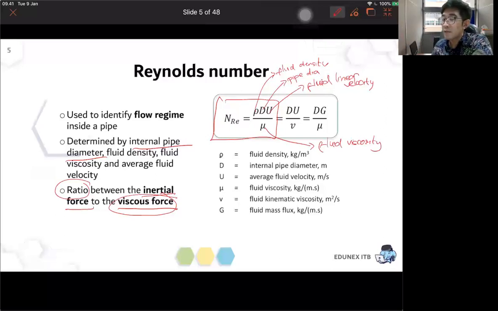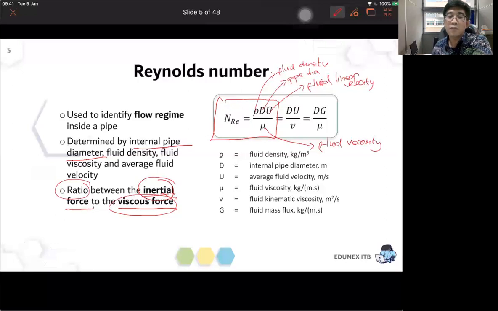The inertial force will increase when the velocity of the fluid is increased. Ya, semakin cepat kecepatan fluida, maka gaya inersianya akan semakin besar. Atau dibalik, semakin besar gaya inersianya, jadi makin mudah bergerak. It means when the inertial force is higher, the fluid flows more easily.